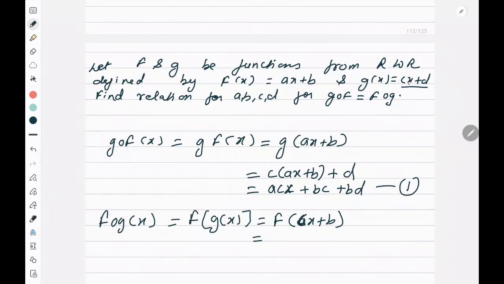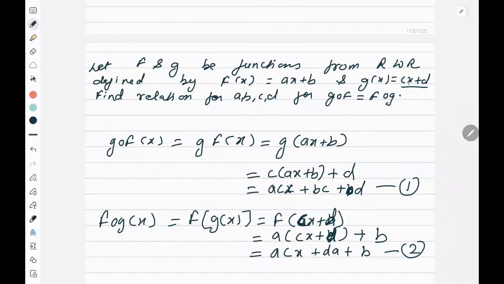So in ax plus b, I'll put a times cx plus d, plus b. So if I open it, acx plus ad plus b, right? Here also acx plus bc plus d. Okay, so this is your equation number 2.